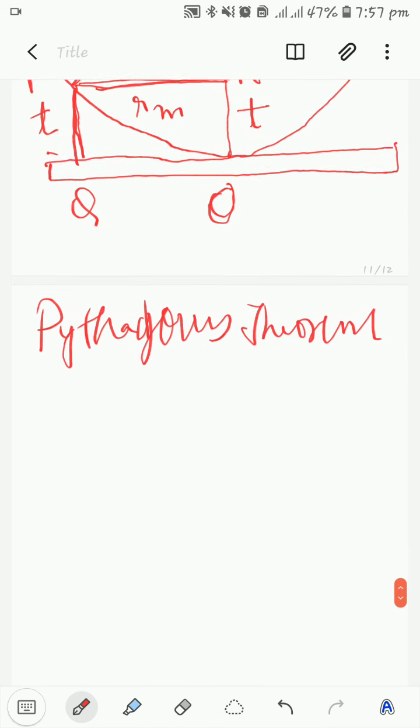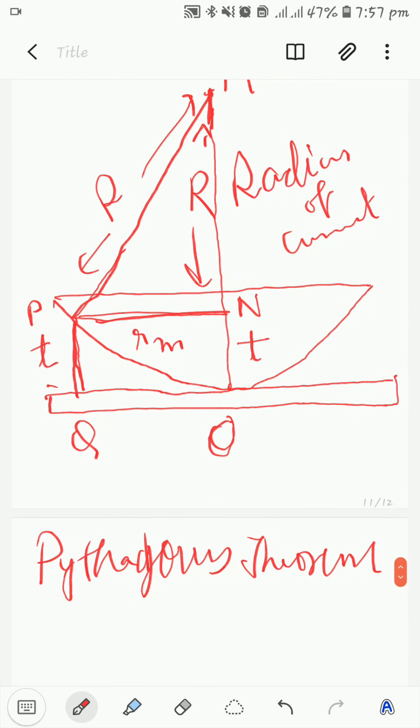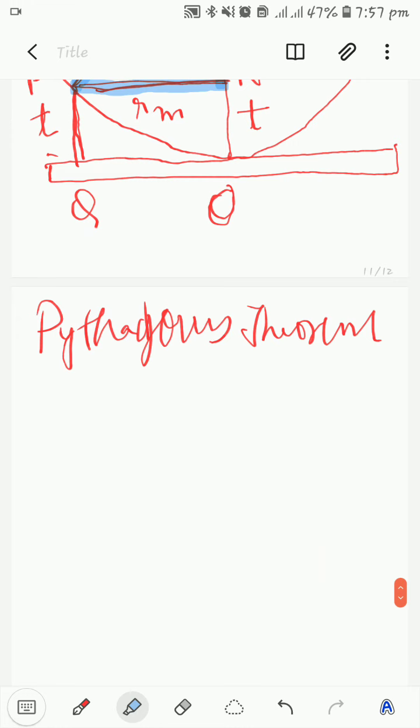Where will we apply the Pythagoras theorem? See, this is the hypotenuse, this is the perpendicular, and this is the base. So we want to find the value of small rm, so let us use the Pythagoras theorem.